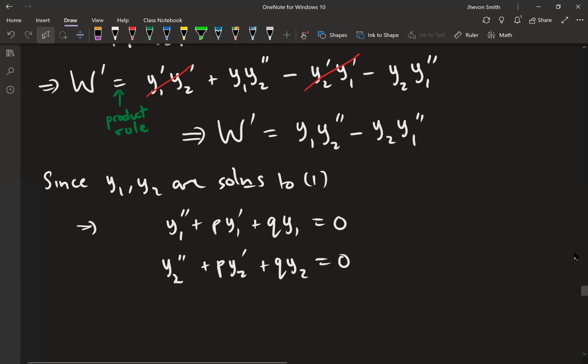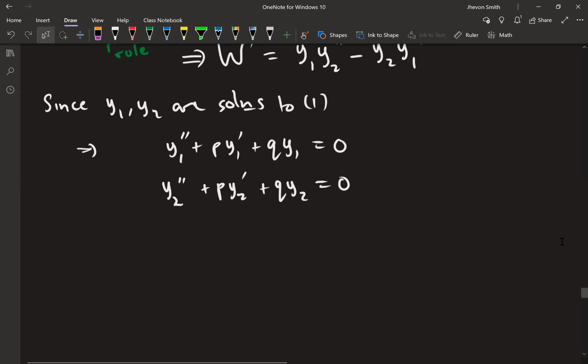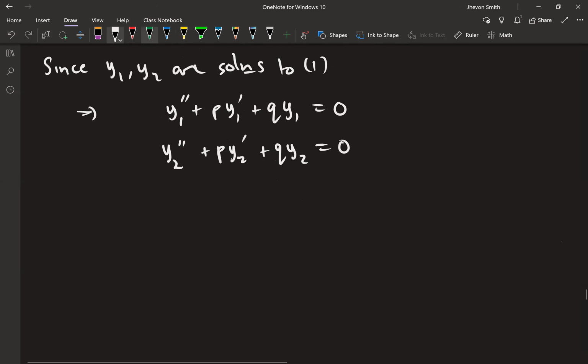And so here's what I'm going to do. I'm going to take this, call this equation 1, call this equation 2. I'm going to actually rewrite these guys. So I'm going to take equation 1, and I'm going to multiply it by minus y2.